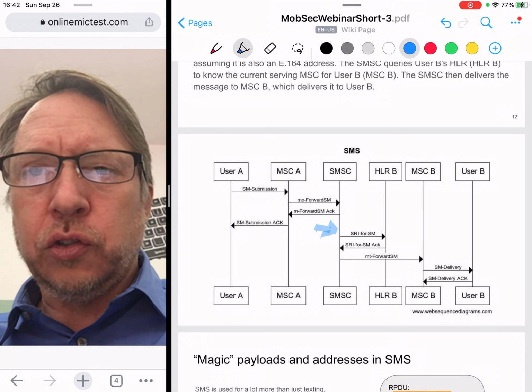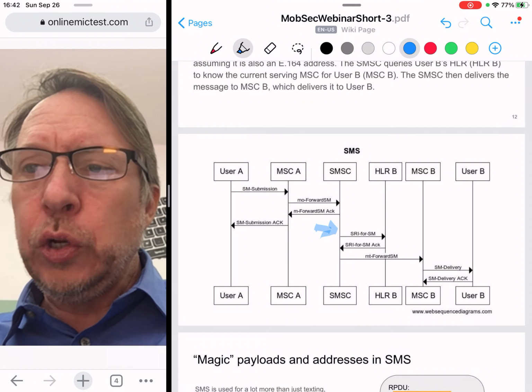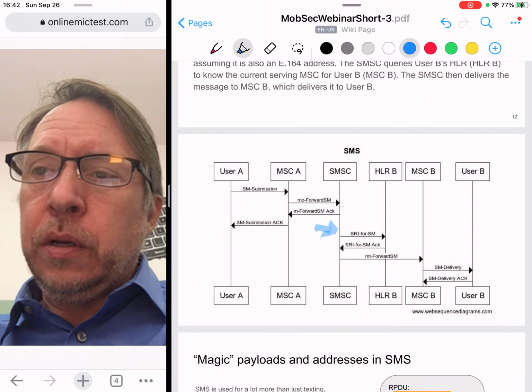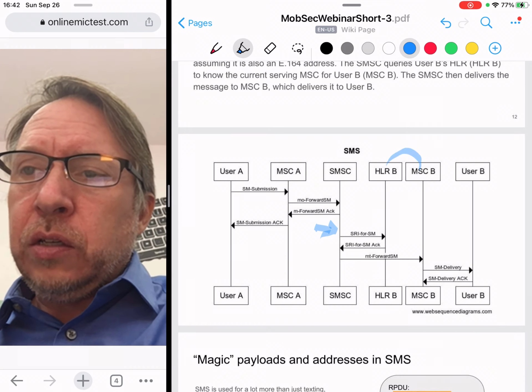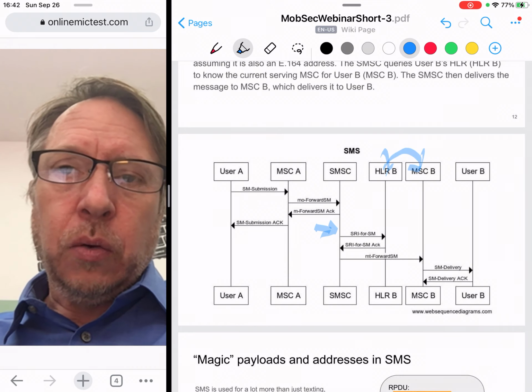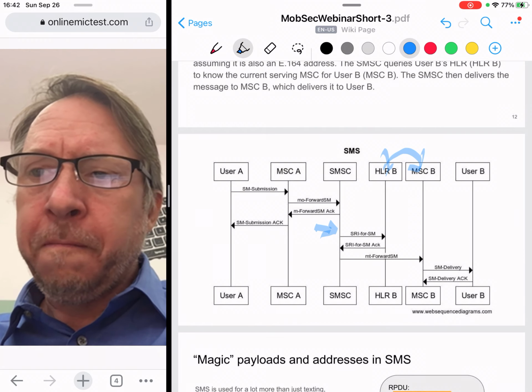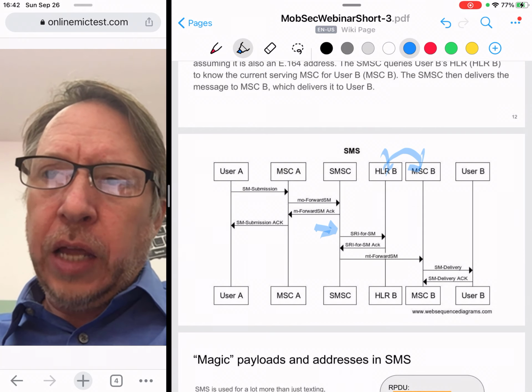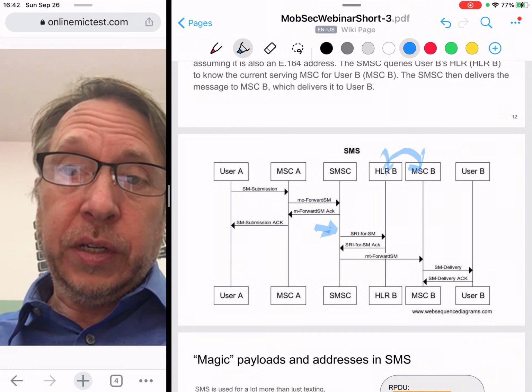What is the current serving MSC for this user? And in a roaming situation, this MSC and this HLR, again, may not be in the same network. They may be on different sides of the world. But the SMSC goes to user B's HLR in their home network and says, where's the current serving MSC for this user? I need to send them a text message.